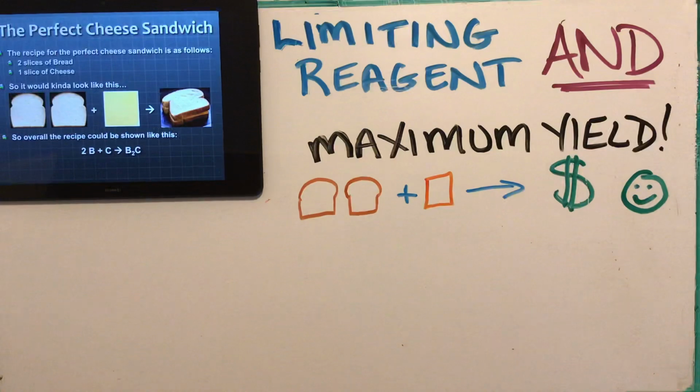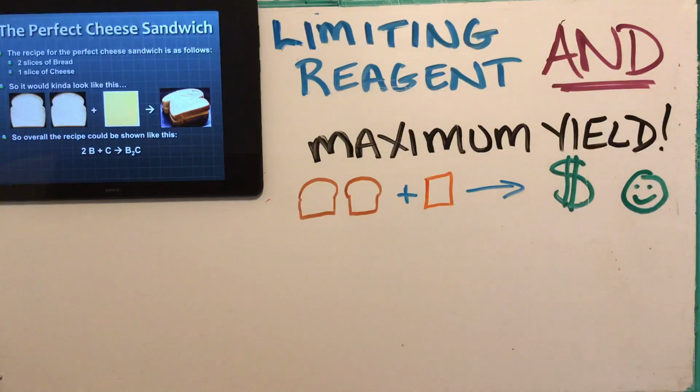So if we were to show that, we said chemical equations are like recipes. The recipe for a cheese sandwich would look kind of like this, right?